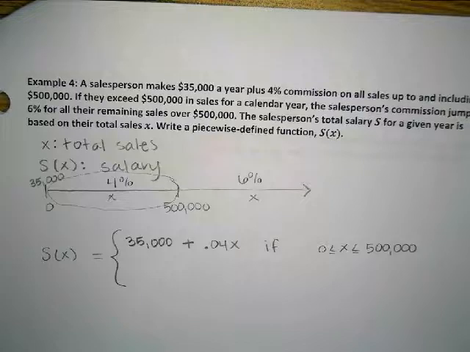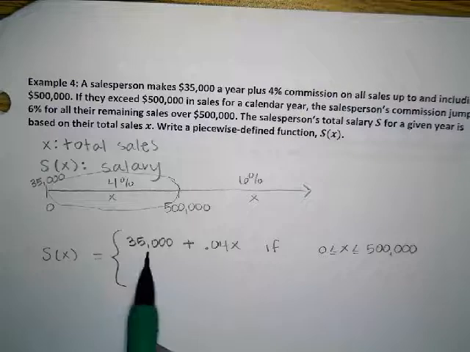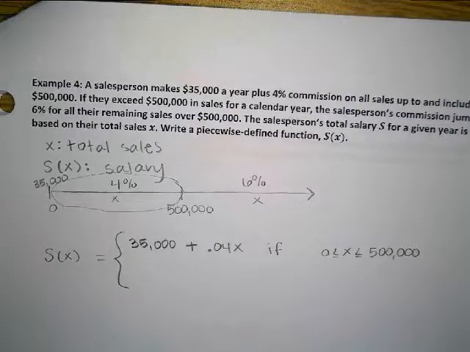You need the 35,000, and then see if you can write the rest of it. So remember, if we made it to the second line, the first line already happened.